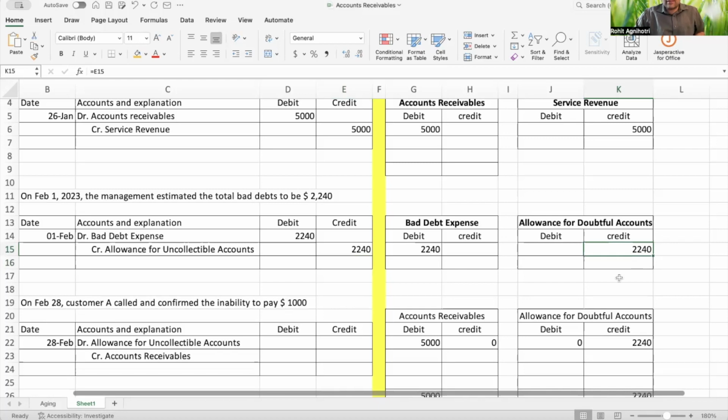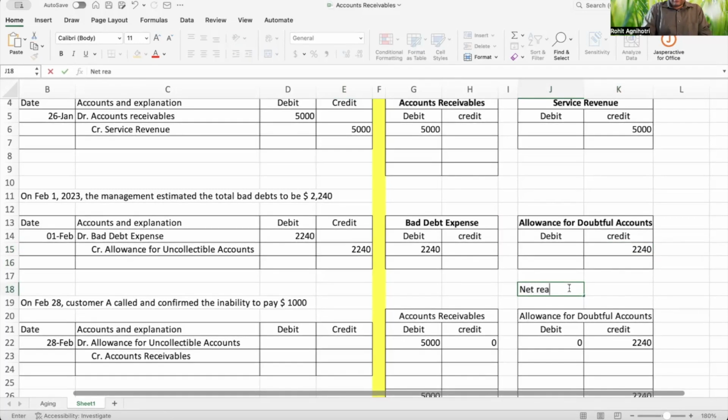In other words, if somebody asks you, what is your net realizable value? The answer is your accounts receivable balance minus the allowance for doubtful accounts balance.